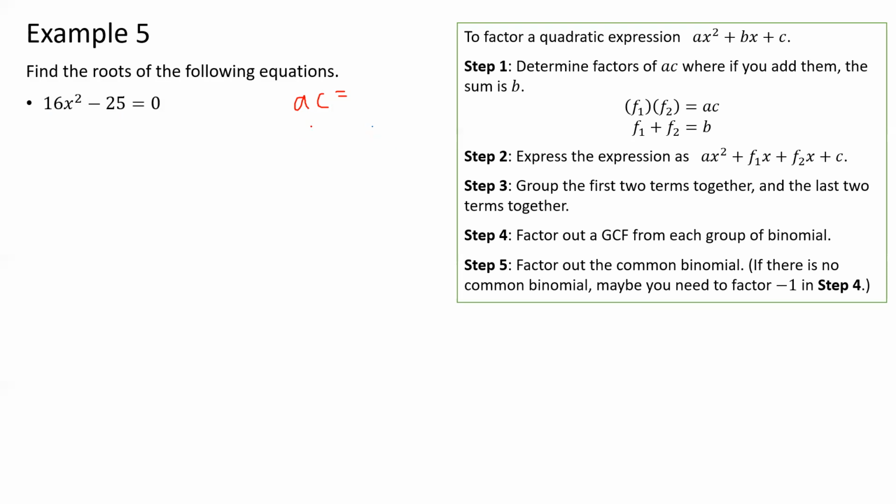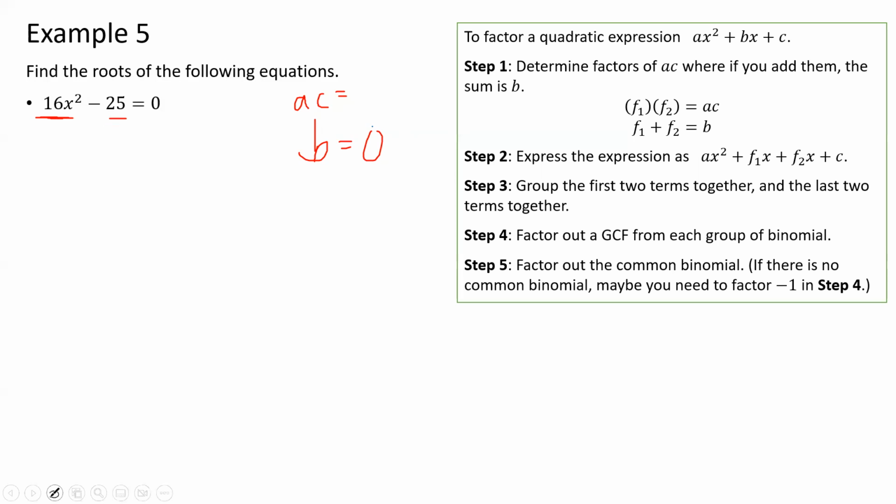But for these types of equations, when B is equal to 0 and there is subtraction, we can have a shortcut here where we can take the square root of this term and the square root of this term, and that is the sum and difference.